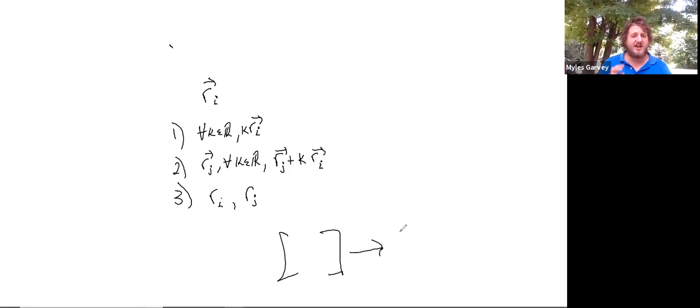And the third thing I can do is I can switch any two rows Ri and Rj with each other. So Ri now becomes Rj, and Rj now becomes Ri. Using these three elementary row operations, I can convert any matrix A into something that looks like an identity matrix.